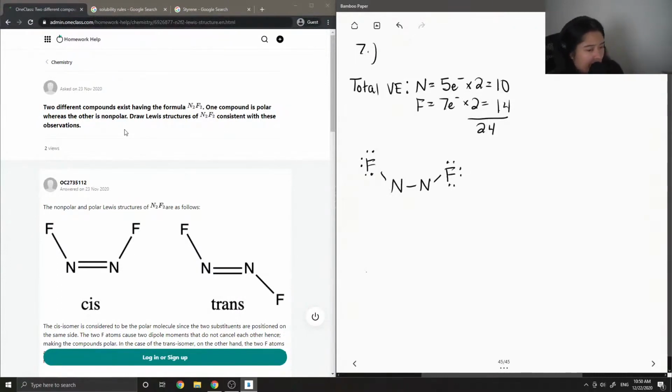Okay, so if we count it out, we have 2 electrons in each bond, so I drew out 1, 2, 3, 4, 5, 6. And I also have 6 electrons as lone pairs on each of the fluorines, so I only have 12 so far. There as well.